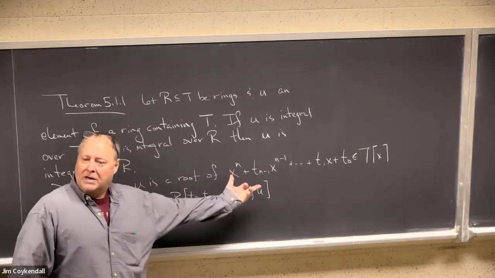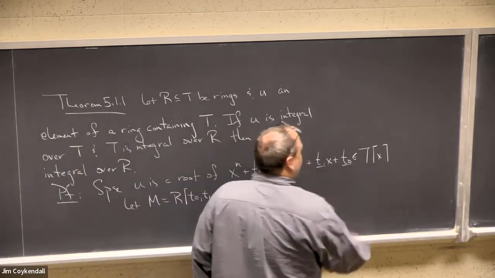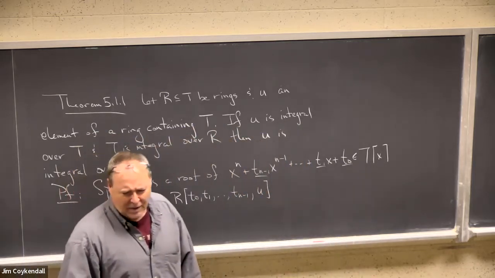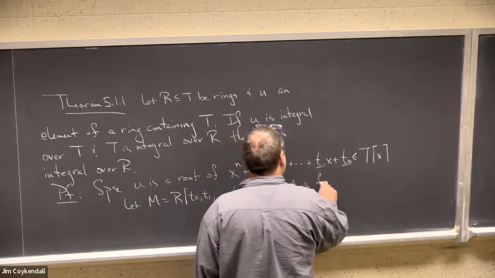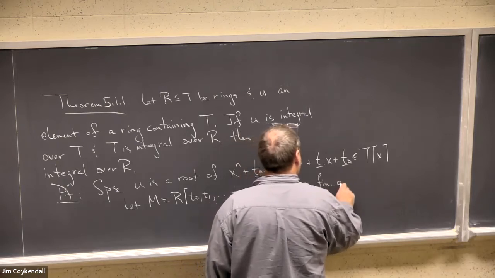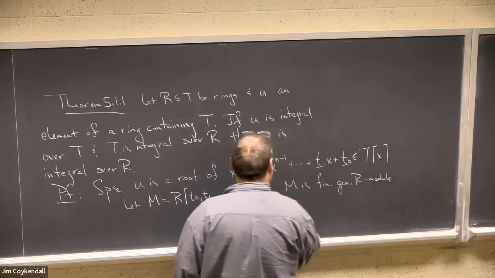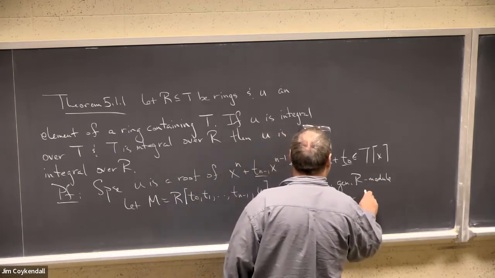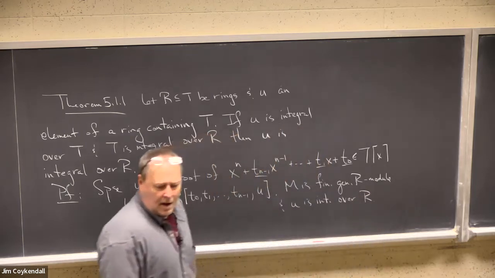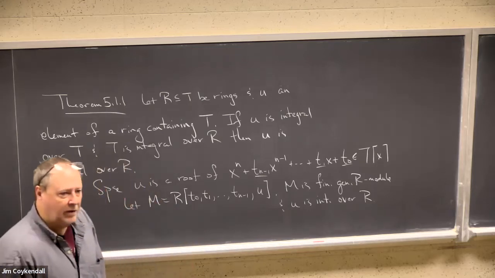Because really, you don't need U to be integral over all of T. You only need it to be integral over the smallest ring that contains those coefficients. Then M is finitely generated as an R-module, and U is integral over R. That will be useful: transitivity of integrality. Okay, any questions on that?